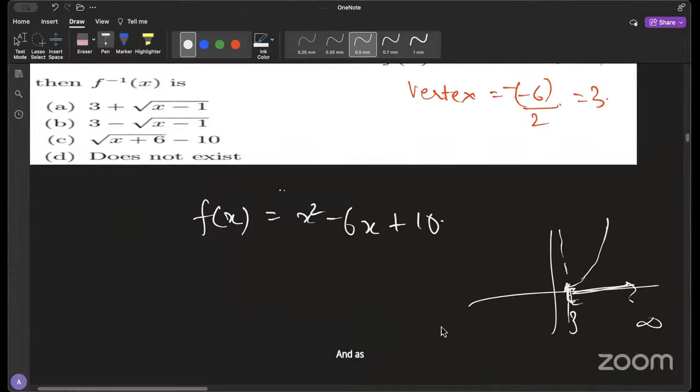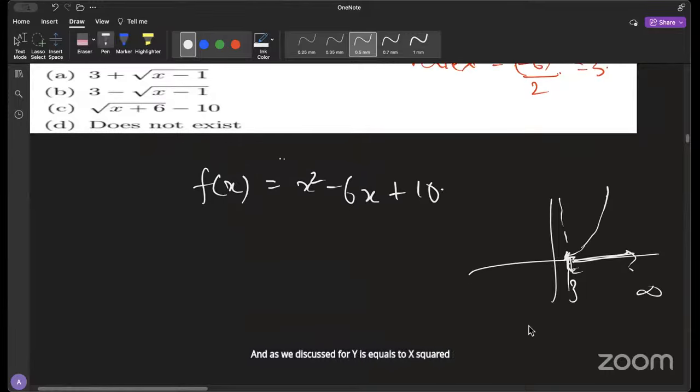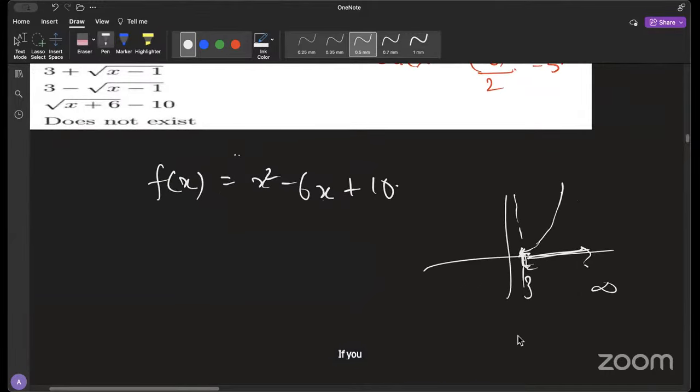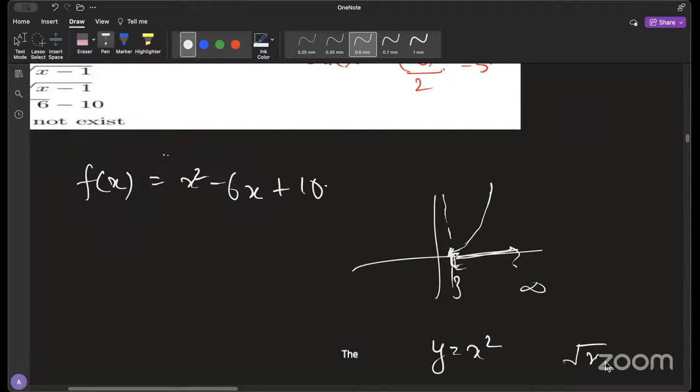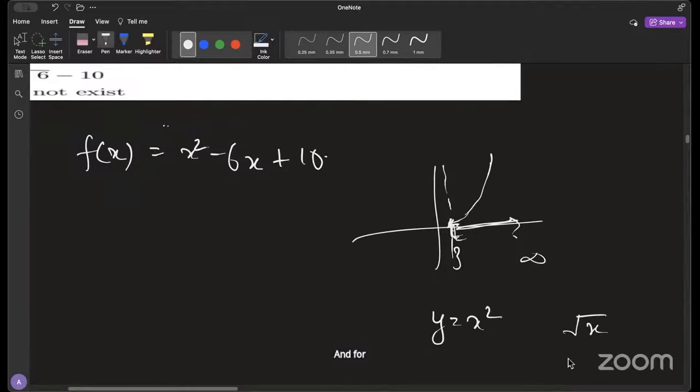And as we discussed for y equals x squared, how do we find the inverse of that? If you have to do it quickly, there's a trick for it: if you have y equals x squared, for the positive branch the inverse is square root of x, and for the negative branch the inverse is square root of minus x.